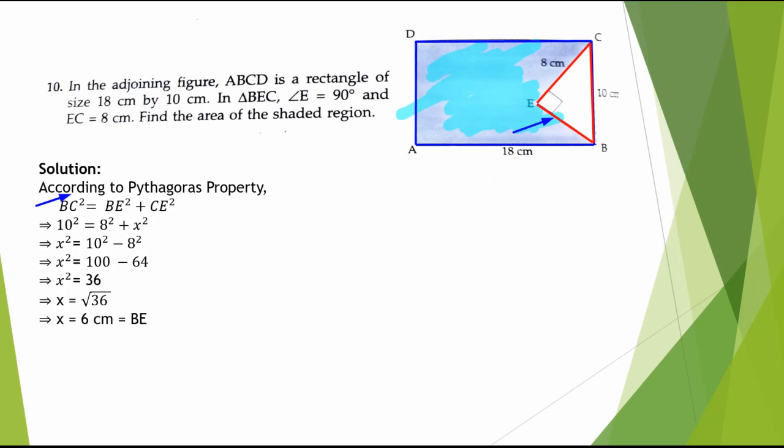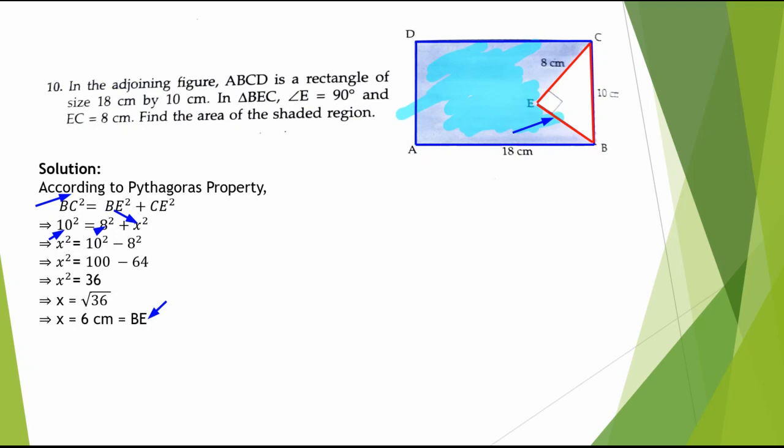BC is given 10, CE is given 8. Let BE be x. So x square equal to 10 square minus 8 square, which you will get x square as 36 and x equal to under root 36, that is x equal to 6 centimeter. So the missing side BE we calculated as 6 centimeter.